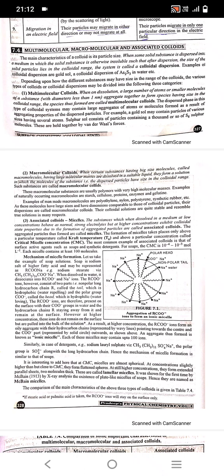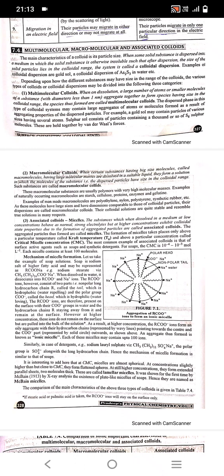Macromolecular colloids: when certain substances of big size, called macromolecules, having large molecular mass are dissolved in a suitable liquid, they form a solution in which the dispersed particles have size in the colloidal range. Such substances are called macromolecular colloids. These macromolecular substances are usually polymers with very high molecular mass.